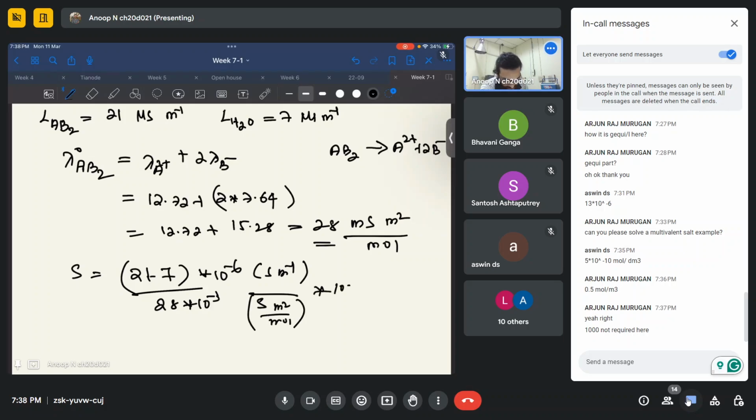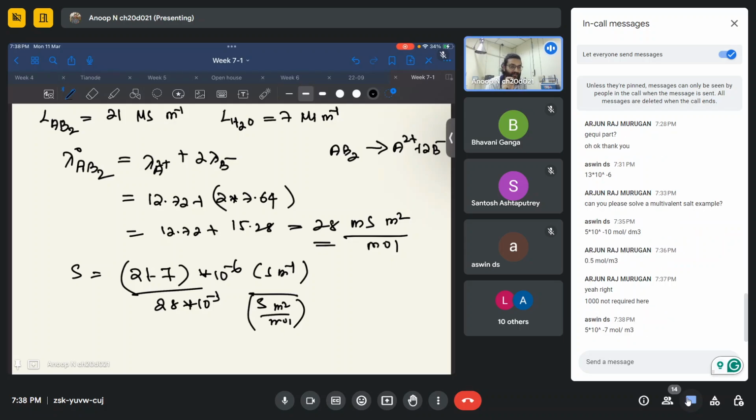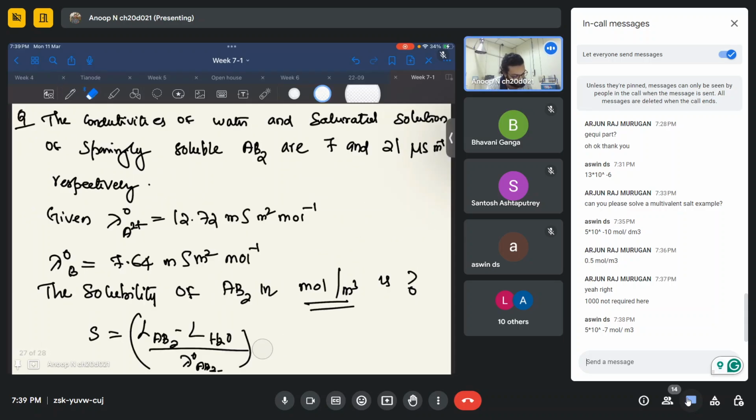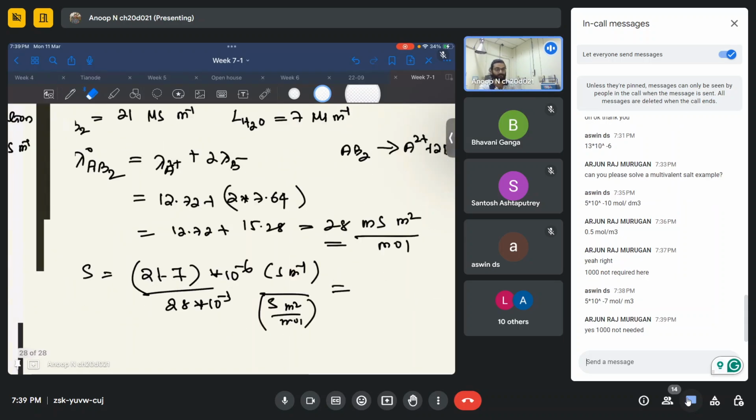The 1000 is not required, sorry, because I have to calculate it in meter itself. When we need to do calculations in liter, we convert centimeter cube to liter using that 1000. Here we don't need that 1000.